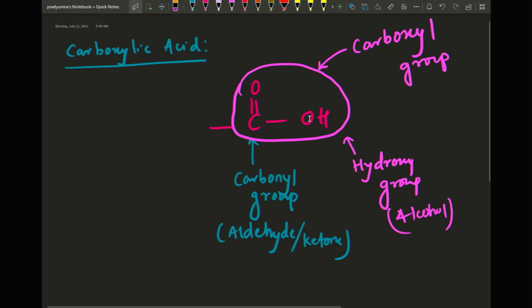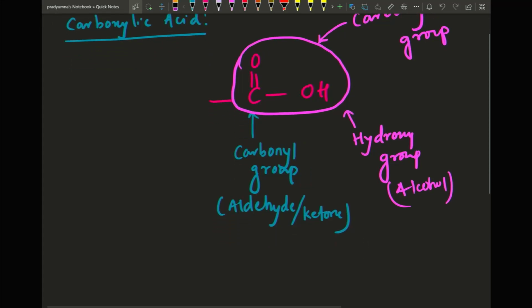So again, quick recap. This portion is called the carbonyl group, and this portion is our hydroxy group or hydroxyl group. Together, this whole thing is called a carboxyl group. And when you have a carboxyl group in a molecule, that becomes a carboxylic acid.